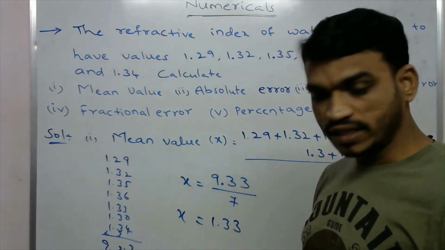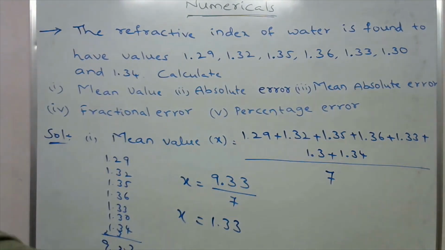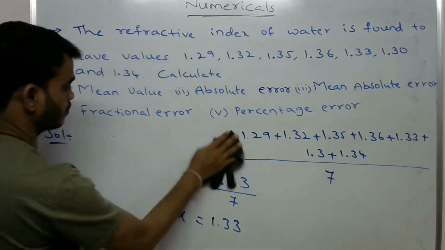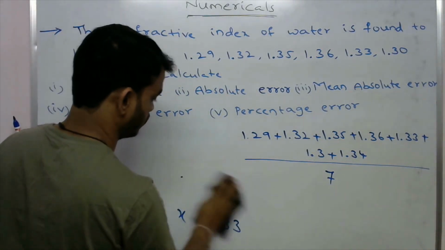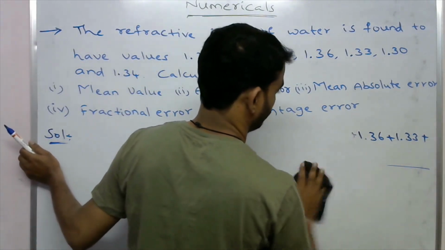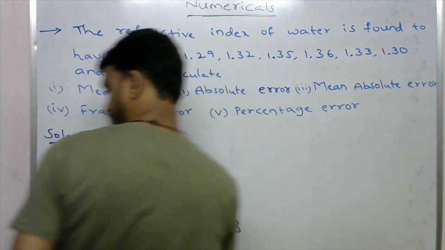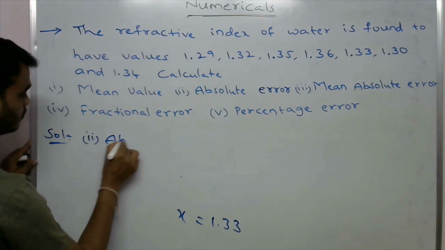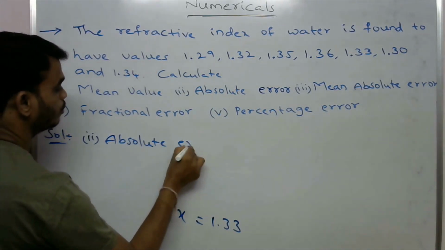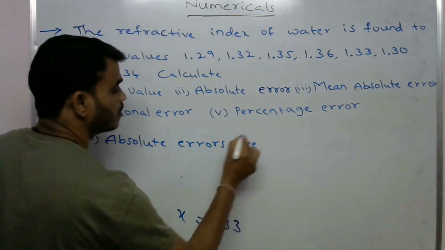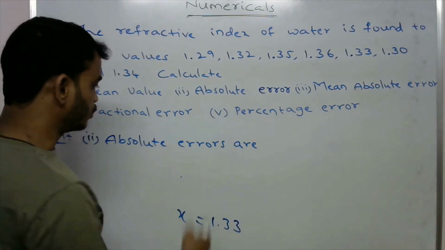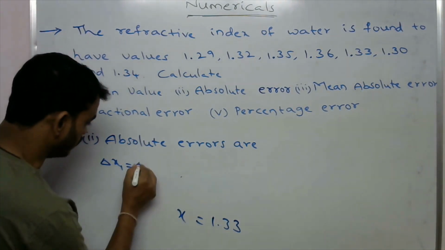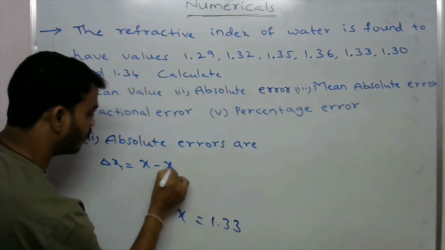Okay. So what is the absolute error? We will find it here. The second one is absolute error. We can calculate delta x1 as the mean value minus the first measured value.